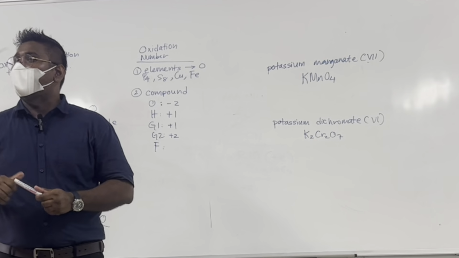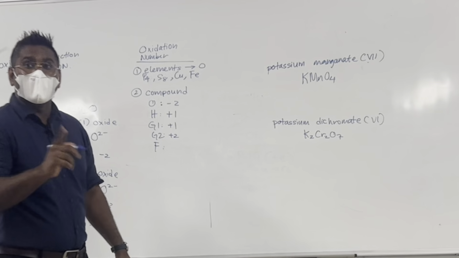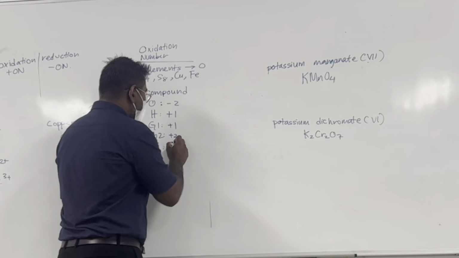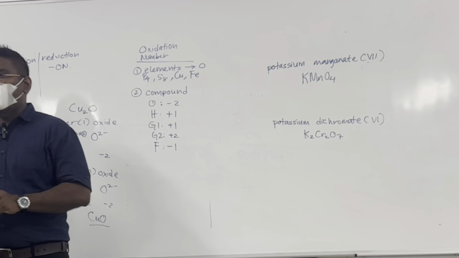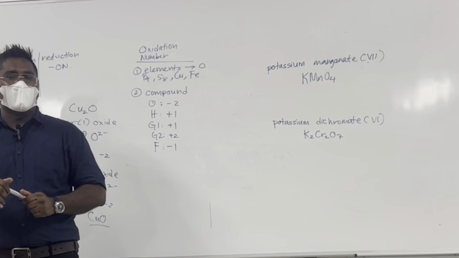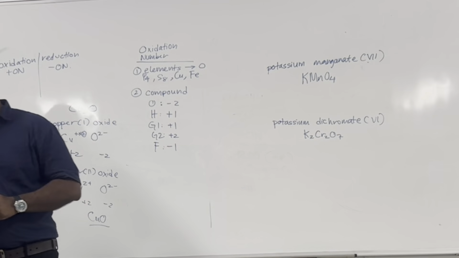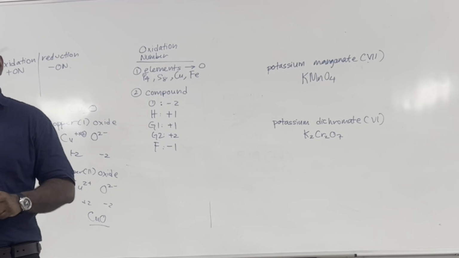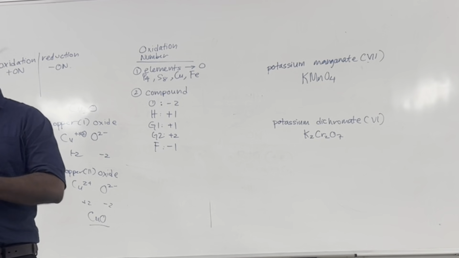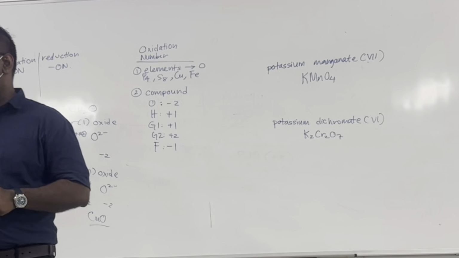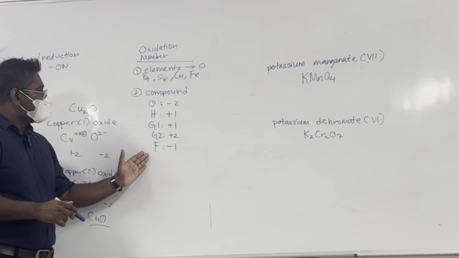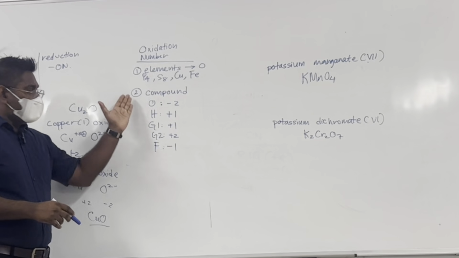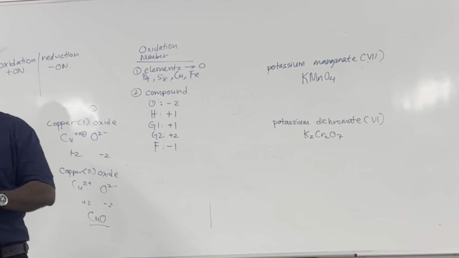Fluorine must be -1 in a compound. But not Cl, not Br, they can have different ones. So if you have NaF, F must be -1. Now, these are the general rules.